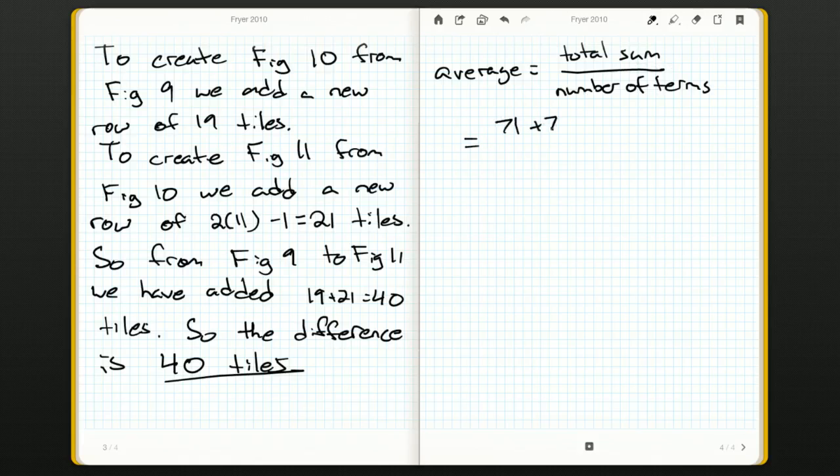So 71 plus 72 plus 73 plus 74 plus 75. How many numbers is that? That's 5. Well, it's just a quick calculator calculation away. Or if you want to, you can go old school and do hand calculations.